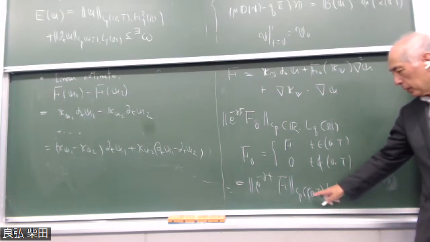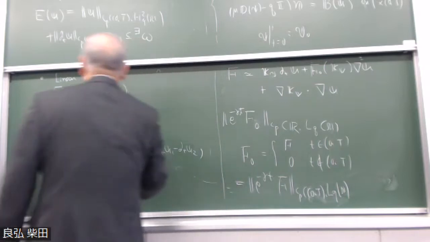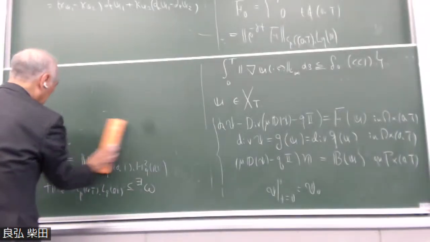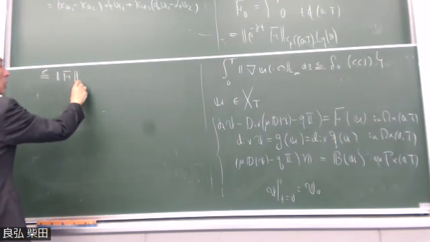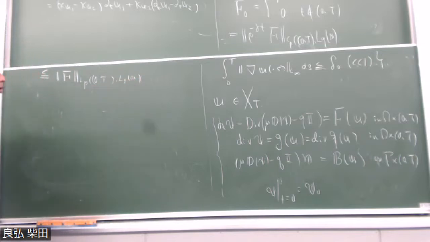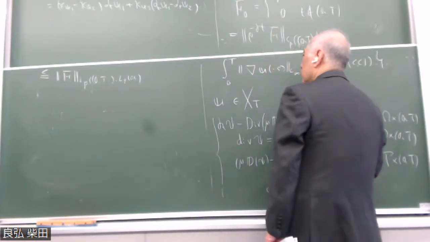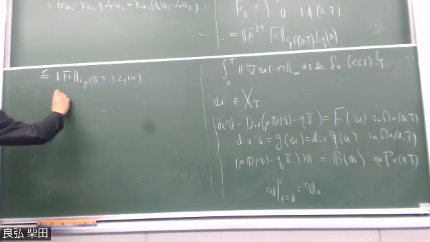Therefore, when t ranges over 0 to T, this is bounded. So for the right-hand side f, all we have to do is just estimate this f. Okay, it's simple.